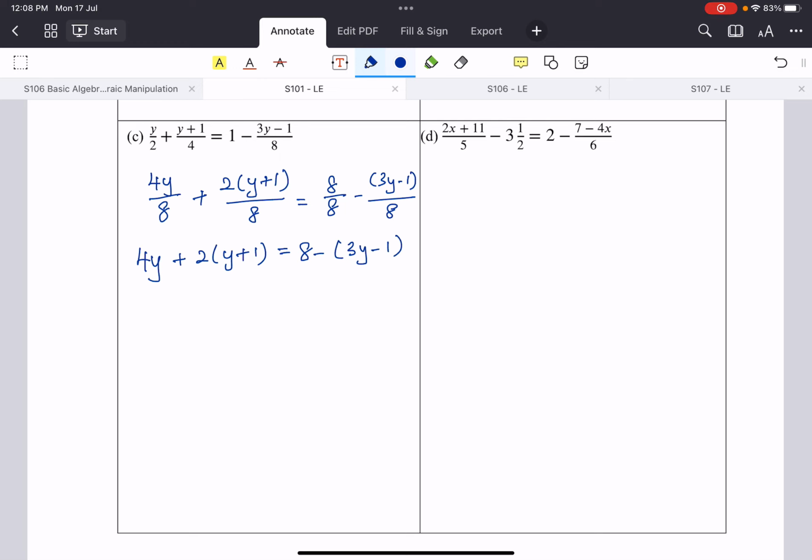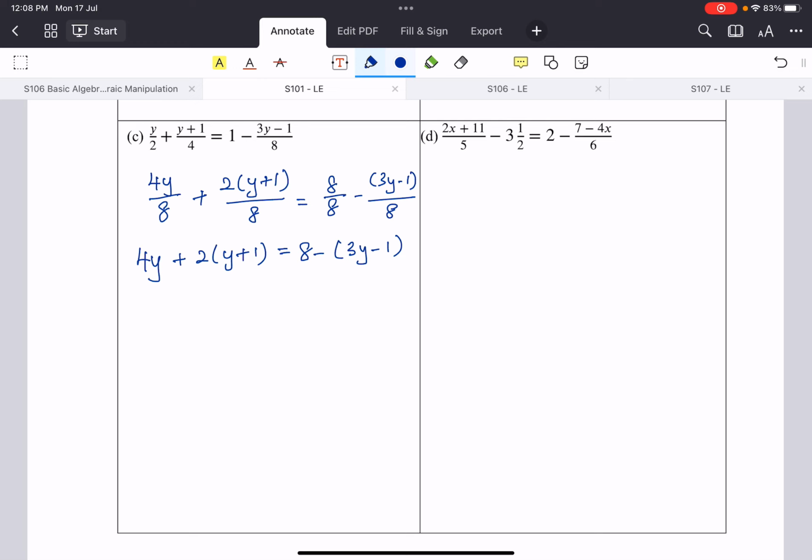Expanding, now take note, I just want to highlight that when I rewrite it with common denominator, I put the numerator in brackets. So in this case, 3y minus 1 is in brackets because when I multiply by 8, notice that now the coefficient of the bracket is actually negative. That makes a difference, right?